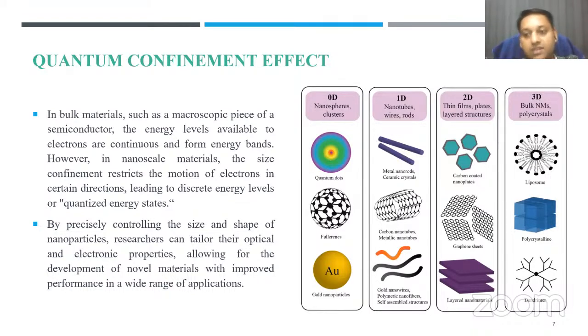In three dimensions, it is not constrained; the electrons or charged particles are free to move in all the dimensions. This basically leads to quantized energy states, and by precisely controlling the size and shape of nanoparticles, researchers can tailor their optical and electronic properties.